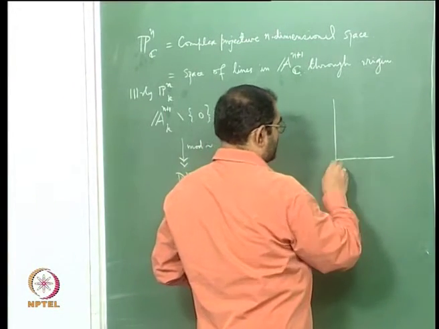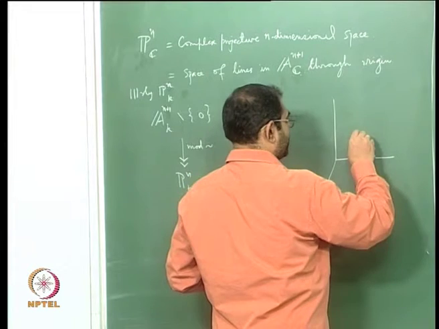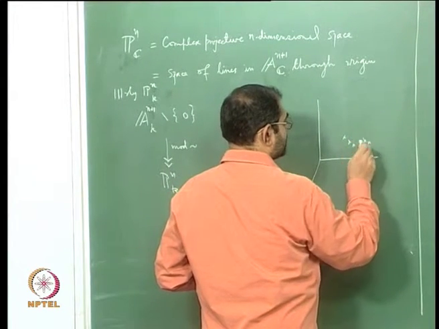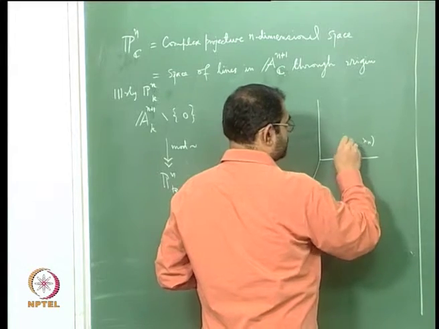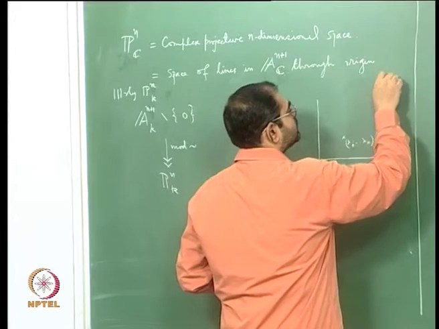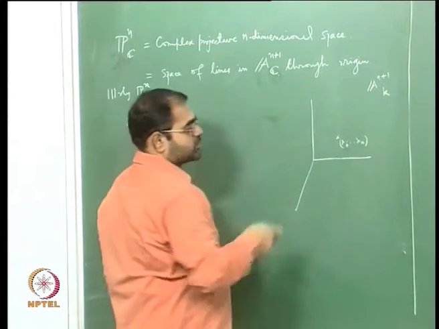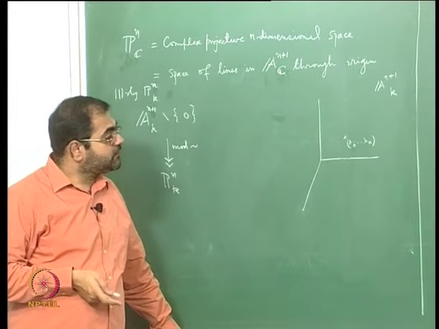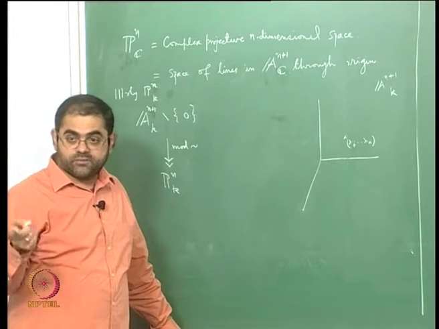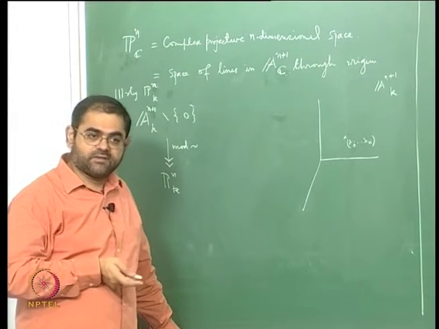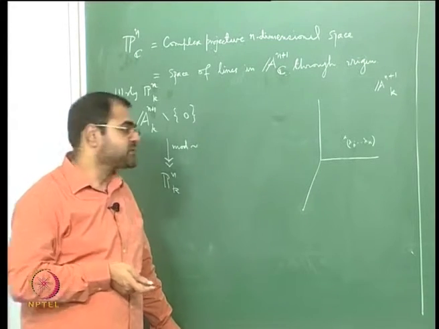So if I take a point (λ0, ..., λn), I am in A^(n+1), so the coordinates are n+1 coordinates, which I am not labeling 1 through n+1, I am labeling them from 0 through n, which is the standard convention whenever you are studying projective space.